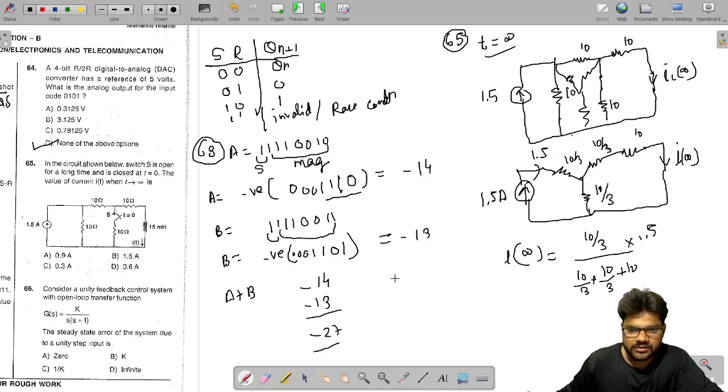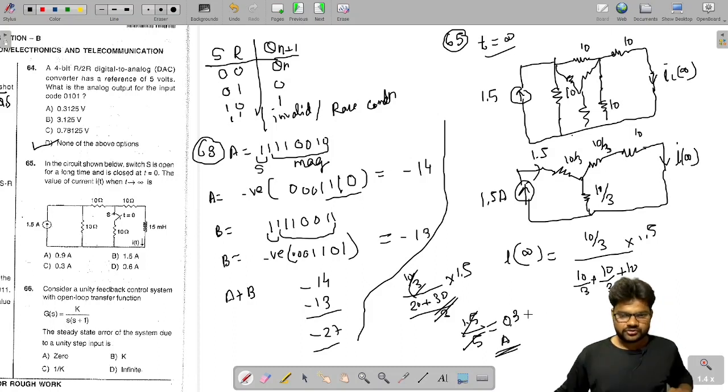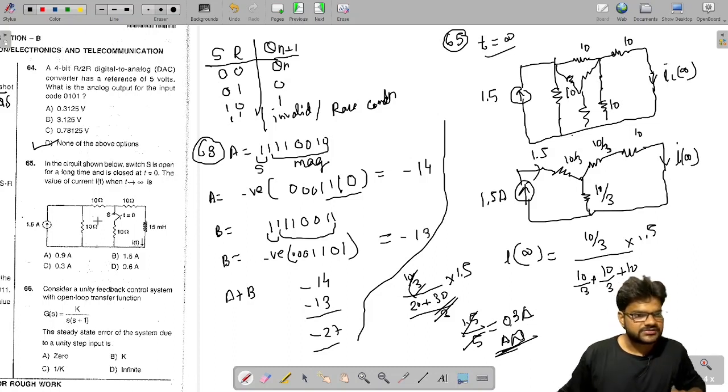So it will be 10 by 3 over 50 by 3 into 1.5. The 3 will cancel out, and 10 by 50 into 1.5, so 1.5 by 5, and this is going to be 0.3 ampere. So the answer is 0.3 ampere, and the correct option is C.